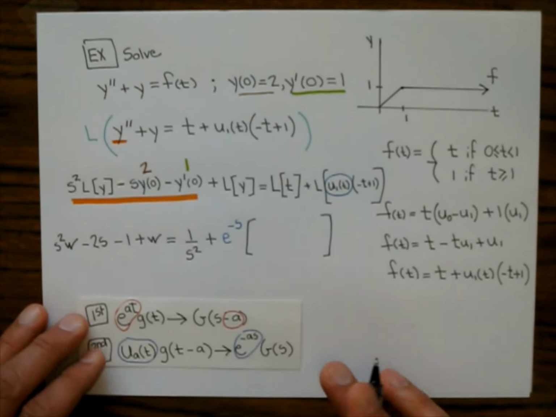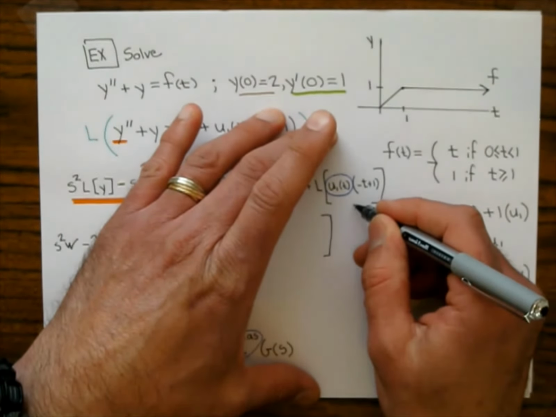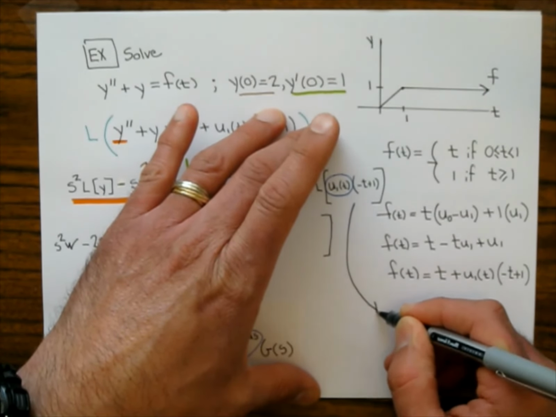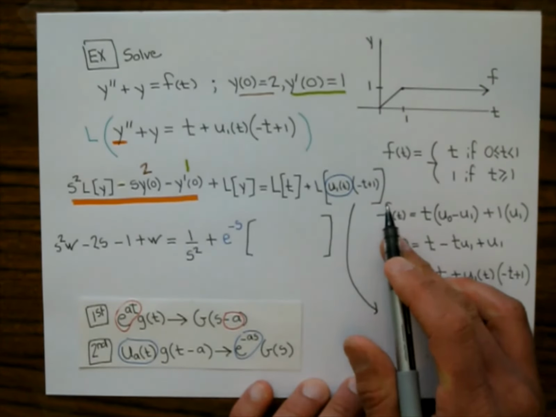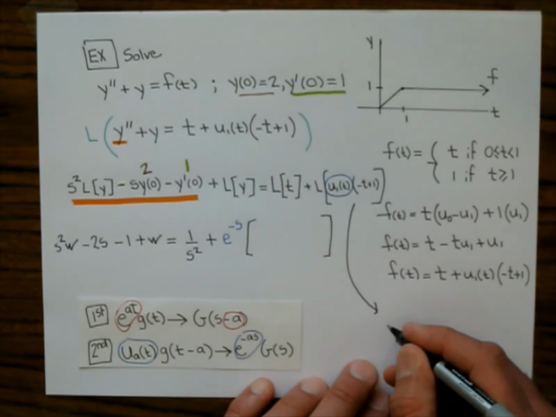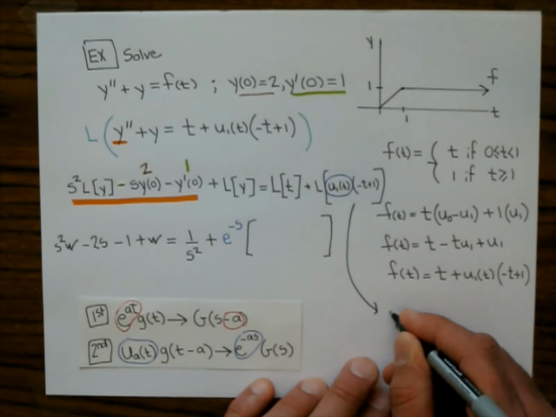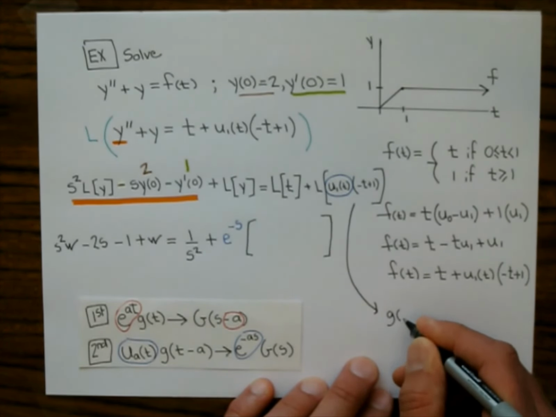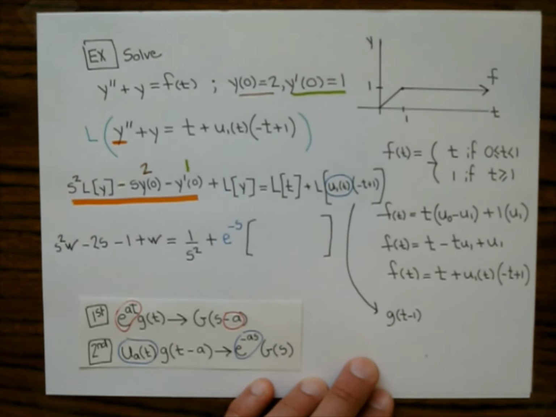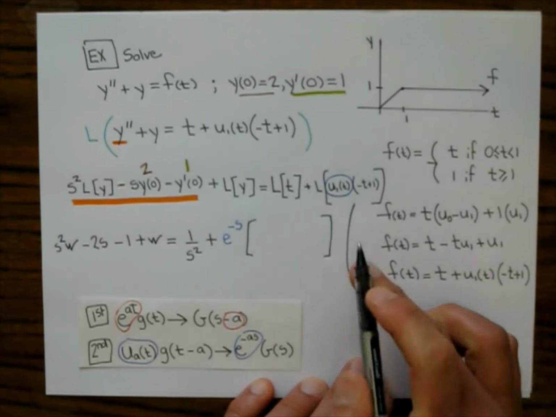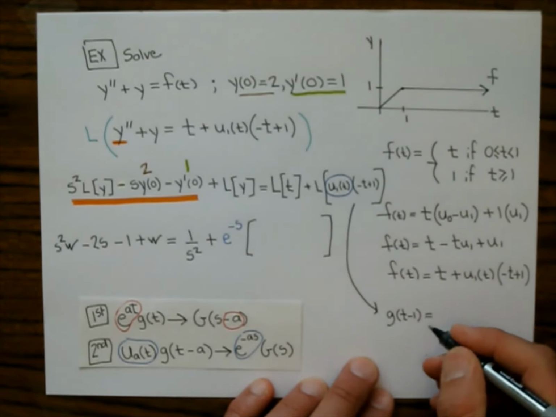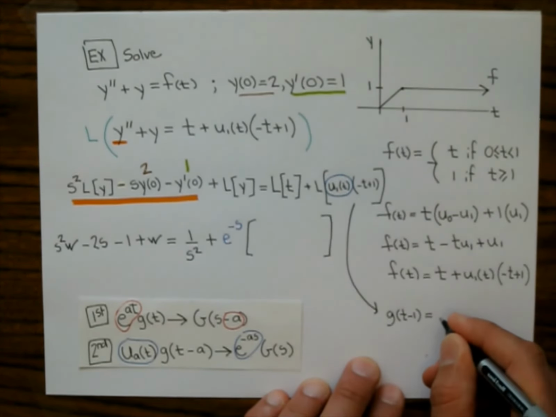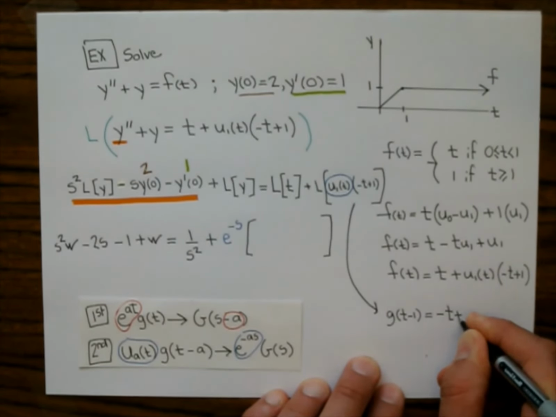So I'm actually doing the stepping stones, and I'll do them down here. So let's just go ahead and do them down here. I identify the g of t minus 1. G of t minus 1 is the stuff that is not the blue part. So it would be negative t plus 1.